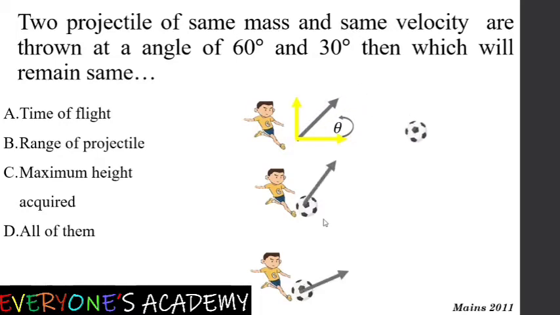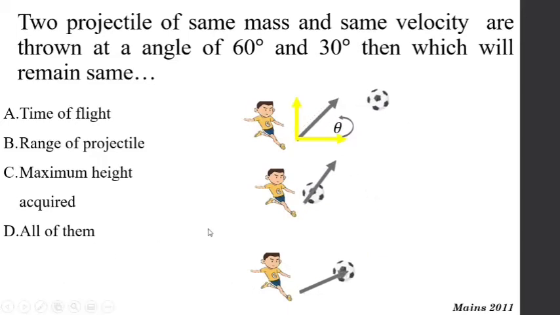No, because here the angle is nearly 60 degrees and here the angle is nearly 30 degrees. In this case, the height will be more as compared to this, and the time of flight will also be more in this case if compared with this. So time of flight and maximum height are different, whereas the range of the projectile is the same. So here the correct option will be B.